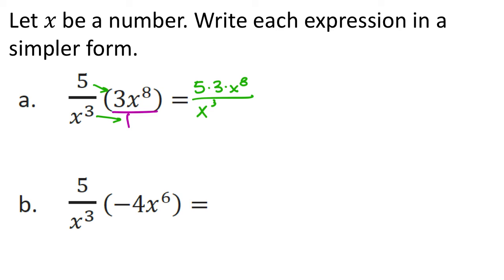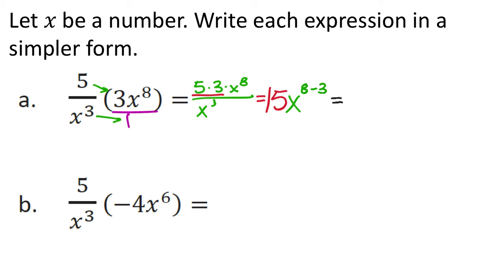So then what do we do? Well, we can multiply those 2 constants, the 5 times 3, which is 15. And then we can take the base x with its 2 exponents, 8 for the numerator, and 3 for the denominator. And since it's being divided, we can subtract those.